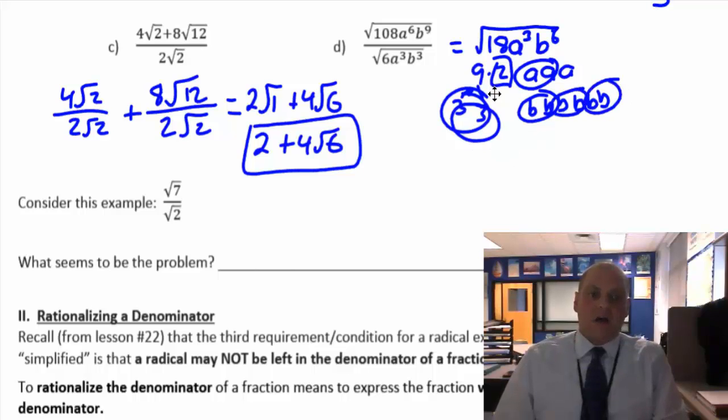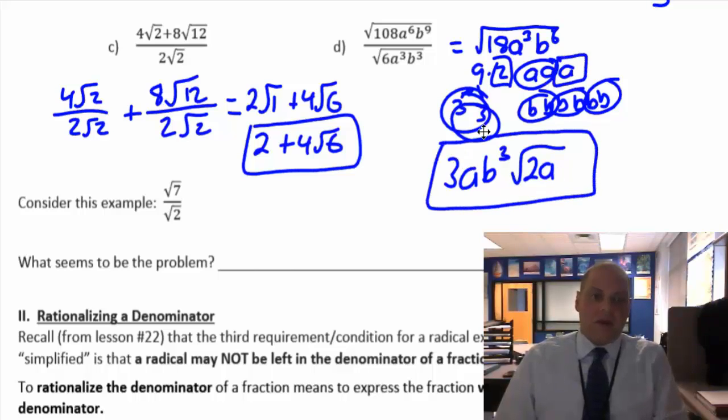There we go. We have 3, A, and then 3 pairs of B's. That's B to the third, and then radical 2A left over. We have an A left over here. All right, so 3 a to the third, radical 2b. So once you divide, this is just simplifying like we did in the other lesson.